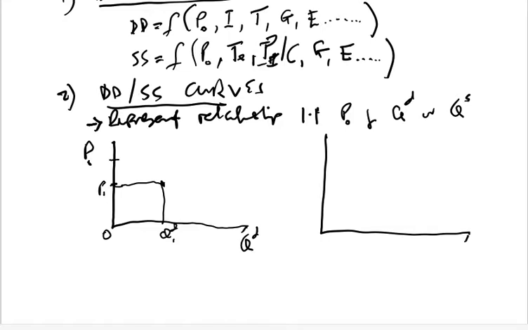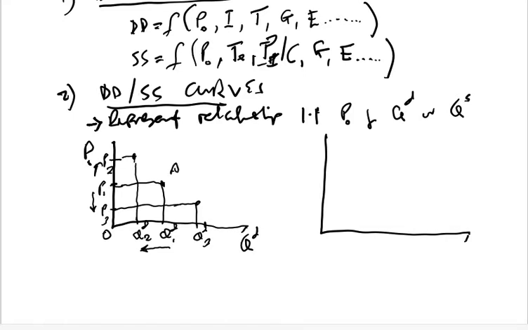If price increased, let's say to P2, then quantity demanded ought to reduce, maybe somewhere to QD2. Then we can join these points. If price reduces, let's say to P3, we know that demand will increase. It will be more than here, QD3. So we have another point here.